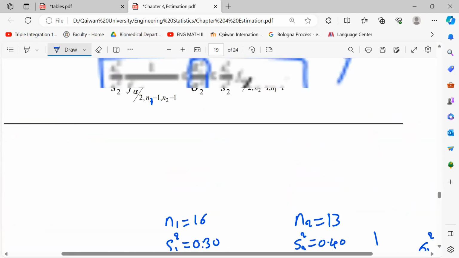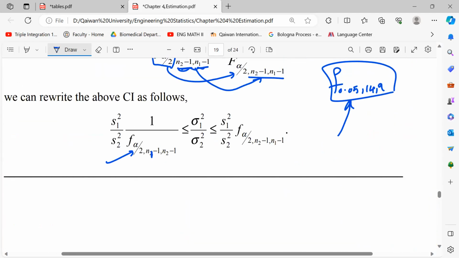Alpha is given also, alpha over 2. We found this. S1, S2 are given. N1, N2 are given. In the other side, the same. Everything is given. We just need to calculate it.